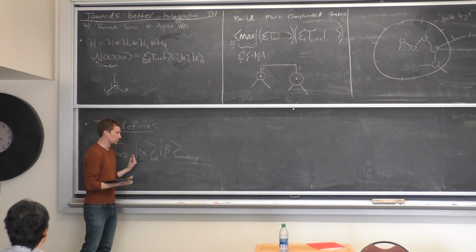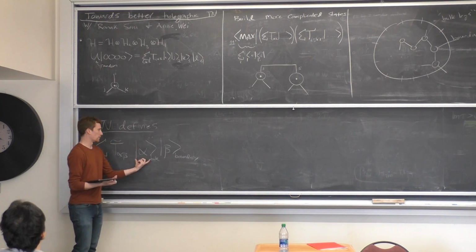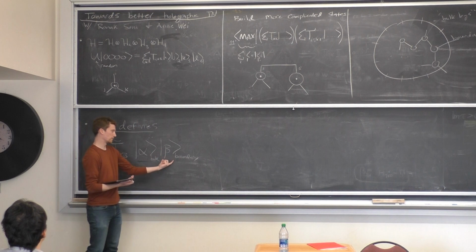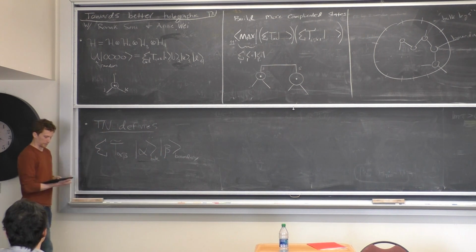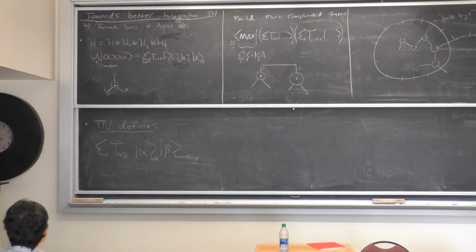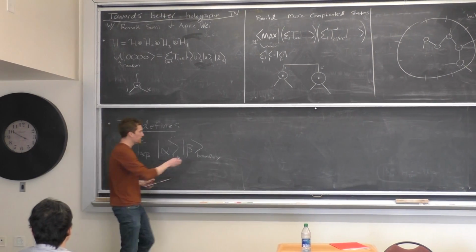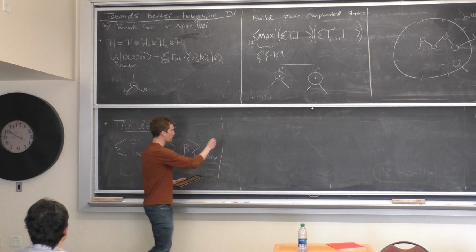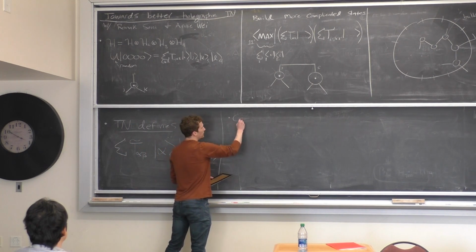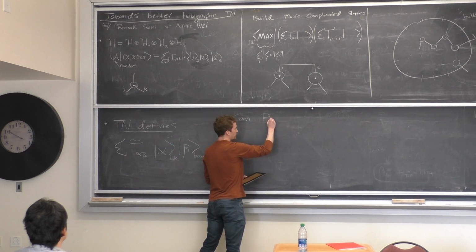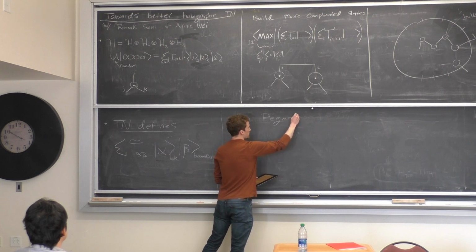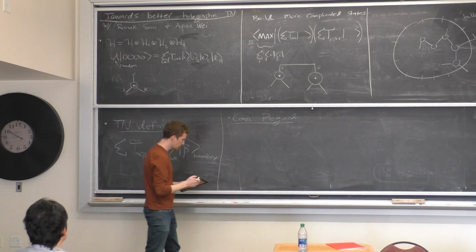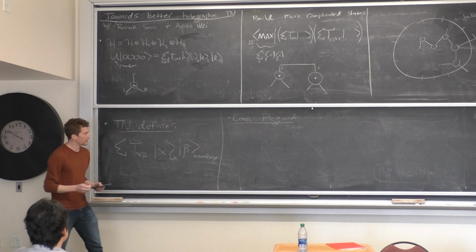I could write it this way if I wanted to, where this represents the Hilbert space of all the bulk legs, and this represents the Hilbert space of all the boundary legs. And why we care about this as holographers is that we can regard this T tilde, or really this state, as a holographic map.